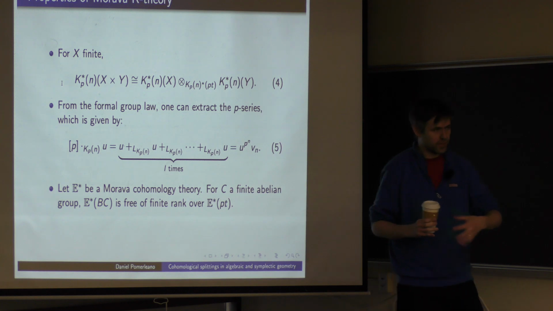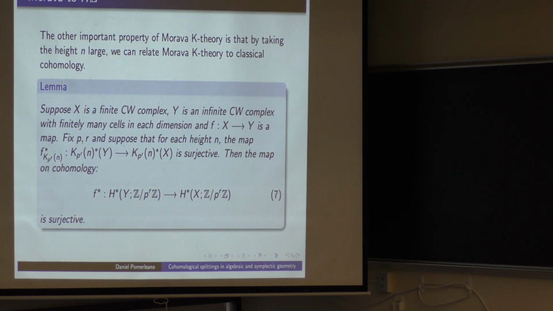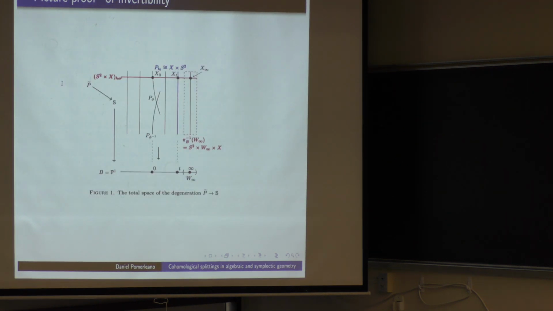There is a version of Poincare duality that holds for Morava K-theory of finite groups, and that can be souped up into Poincare duality for Morava K-theory.